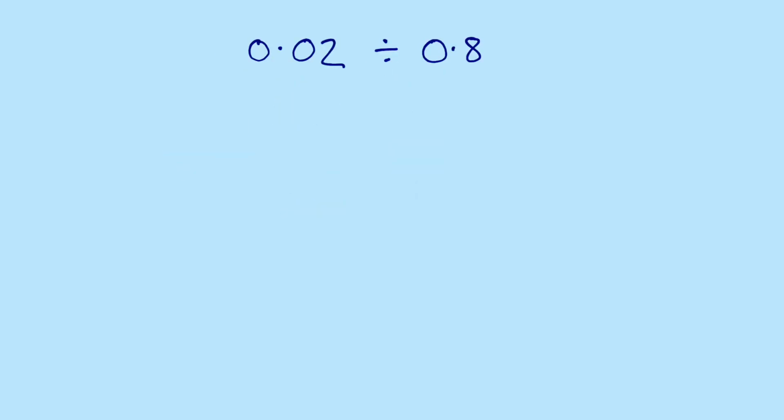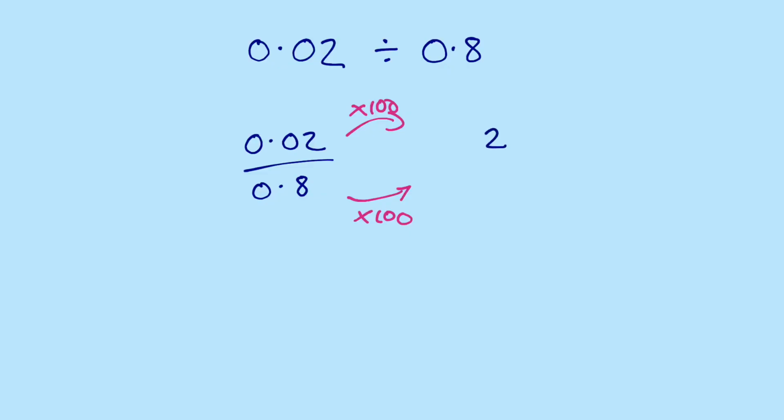Here is another one like our last example. So the first step is we rewrite it as 0.02 divided by 0.8. This time we need to times the top and the bottom by 100 to get rid of the decimal. So that will give me 2 divided by 80.